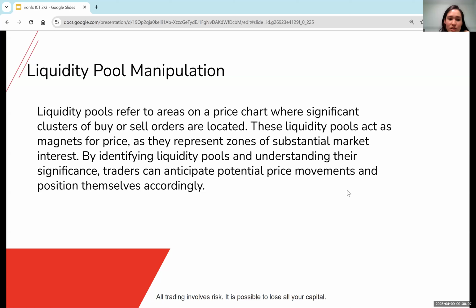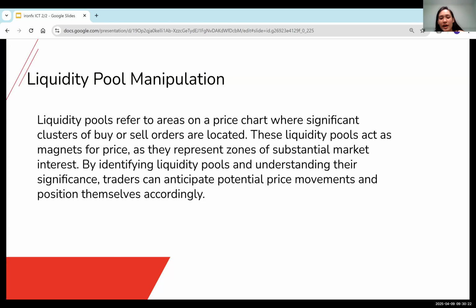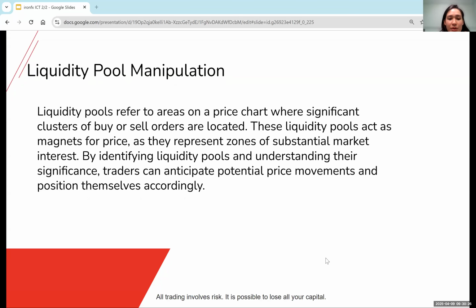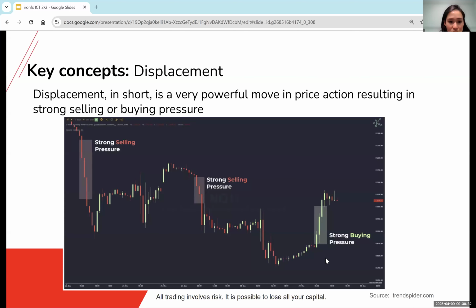Buy-side liquidity pools tend to occur above market price, whereas sell side typically will occur below market price. So when we look at a chart, for example, the previous chart where we were looking at the swing highs and the swing lows, maybe I'll show you.